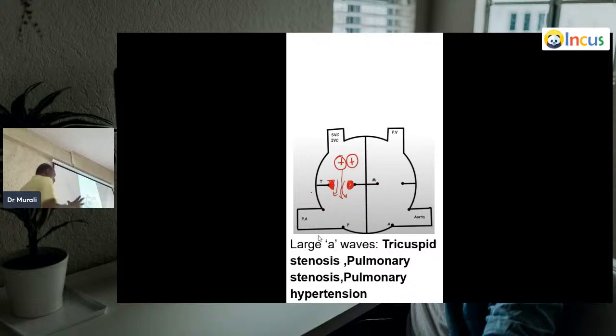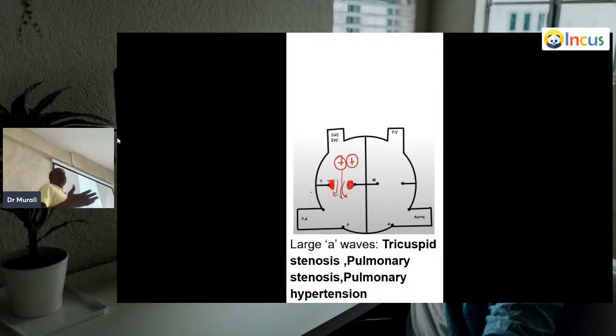So large A wave in tricuspid stenosis, large A wave in pulmonary stenosis, large A wave in pulmonary hypertension, because the pulmonary artery, right ventricle, pulmonic valve, tricuspid valve are all in the same line, no? Just like Kazipet station, Balharshah station, Bhopal station, Gwalior station, they're all in the same continuity, is what you need to remember. So you remember these causes and the underlying cause.